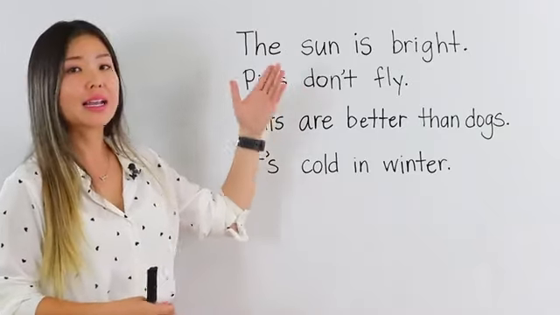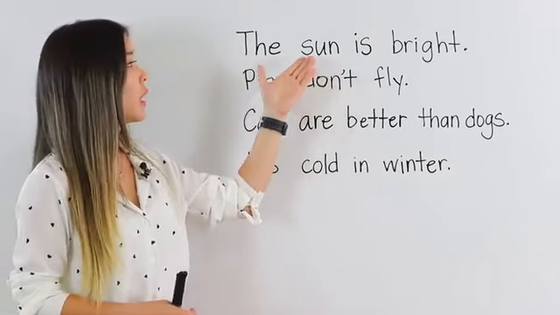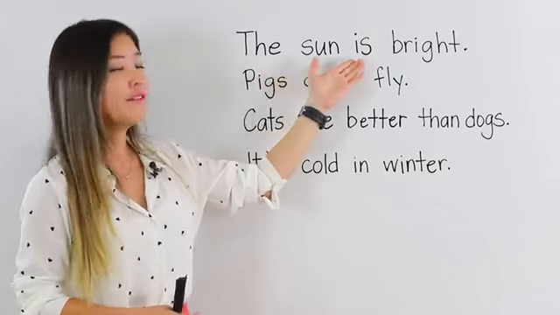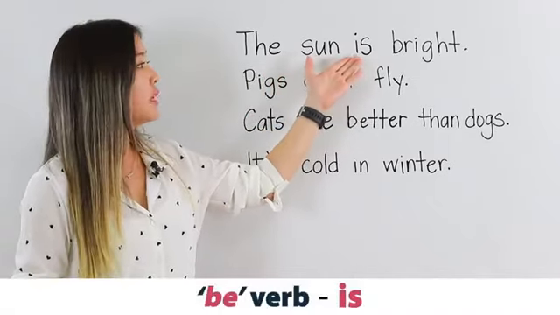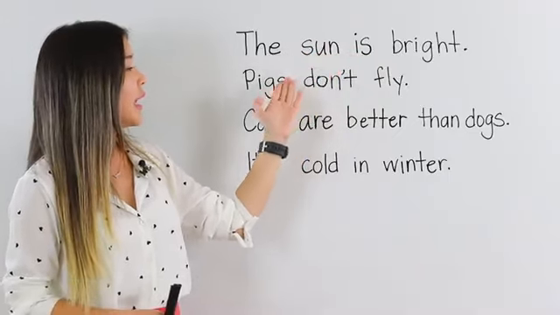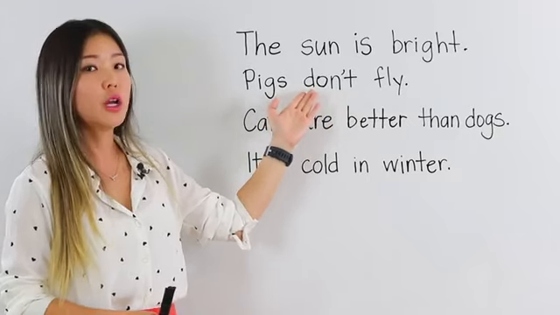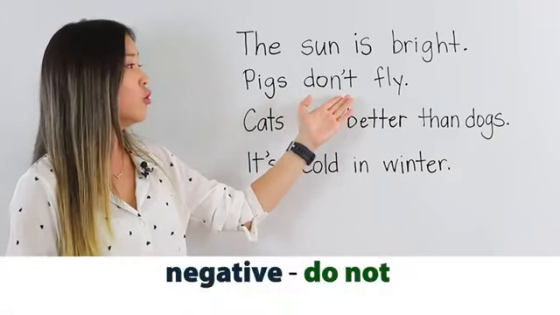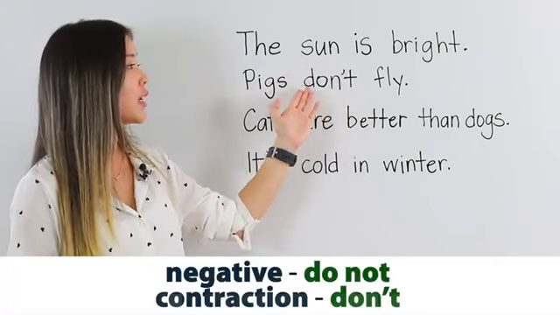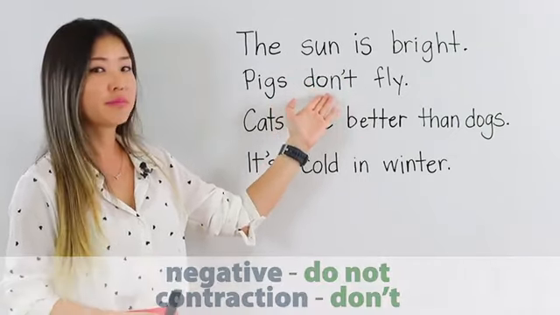Now, let's look back and see what verb I used in the present simple tense. For the first sentence, we have is. I used the be verb is to talk about the sun. In the next sentence, I used the negative of do not. And you'll notice I used a contraction and put these two words together to make it don't.